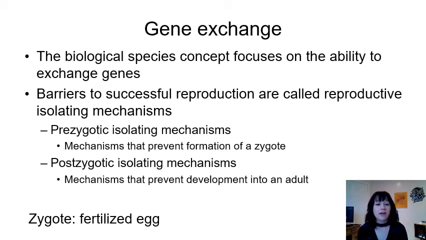We have pre-zygotic isolating mechanisms and post-zygotic isolating mechanisms. Pre-zygotic mechanisms are things that prevent those two species from ever making a zygote, or a fertilized egg. And post-zygotic mechanisms are things in which the egg may be fertilized, but it never reaches adulthood or is never a fully functioning adult.